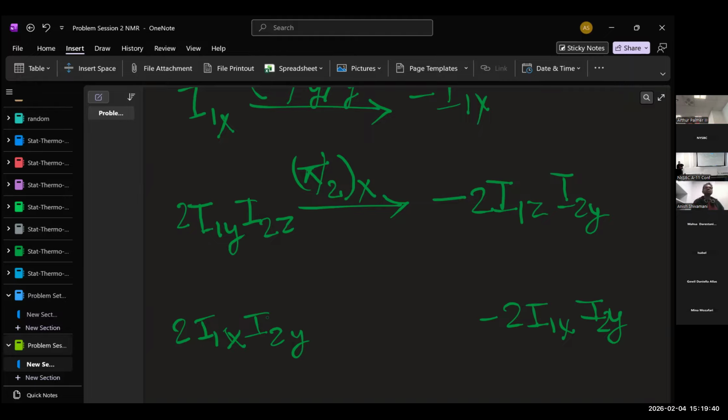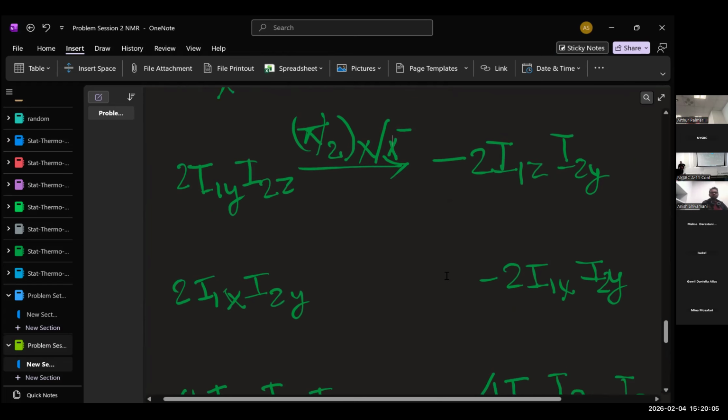It's Y to Z and Z to minus Y. I guess minus X will work as well. Or no? It would be the same thing. Will minus X work? Either one should work. You accumulate a minus sign either way. X or X bar. Okay. 2I1Y I2Y to minus 2I1X I2Y.